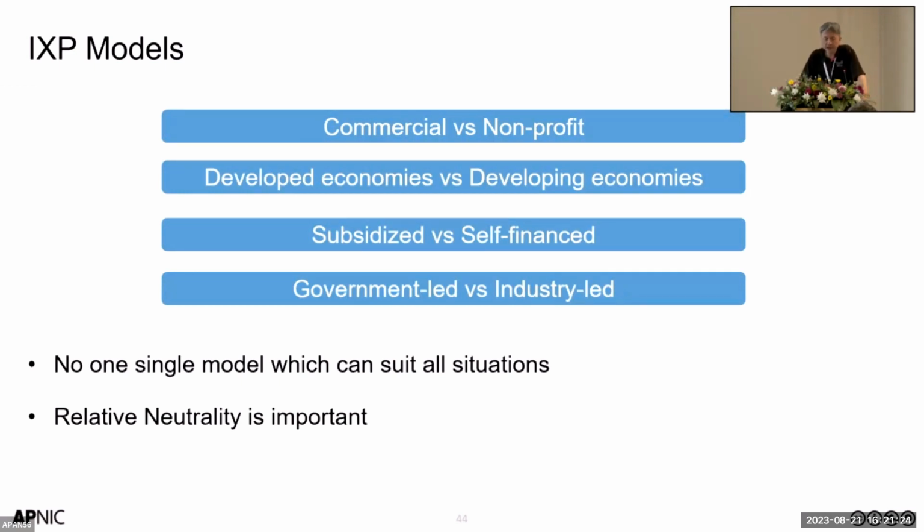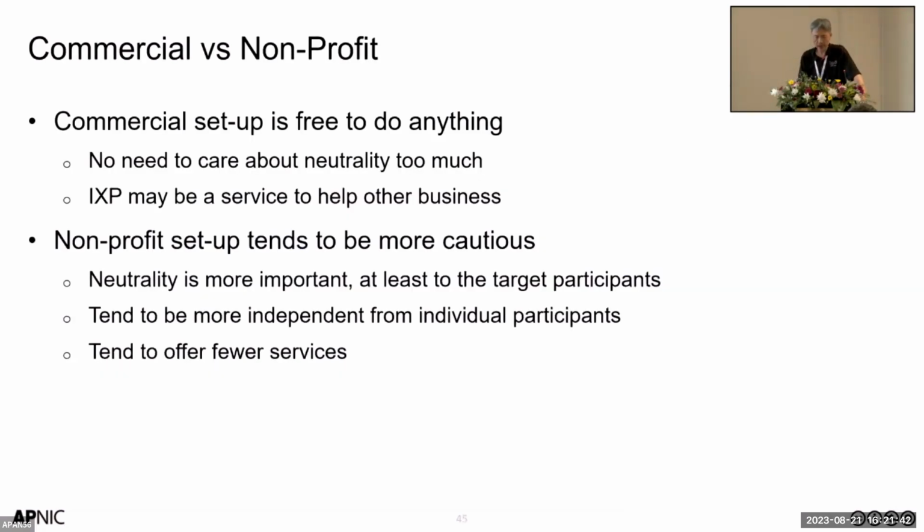I'll talk more about the IXP model. There are, in fact, multiple models that you can consider, but as I mentioned, I can only give you some hints. But the most important part is neutrality. I think neutrality is very important, especially for the non-profit setup. A commercial setup, of course, invests its own money and charges for the service, so they are free to do anything, because if they suffer, it's their own fault.